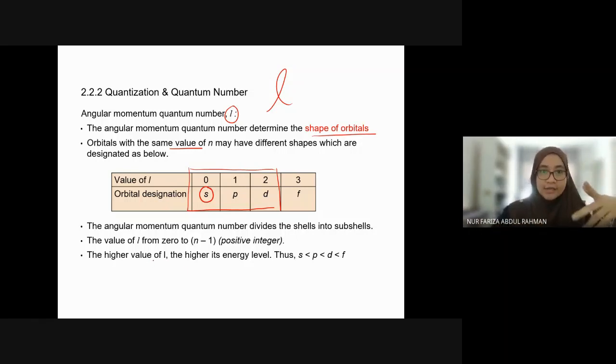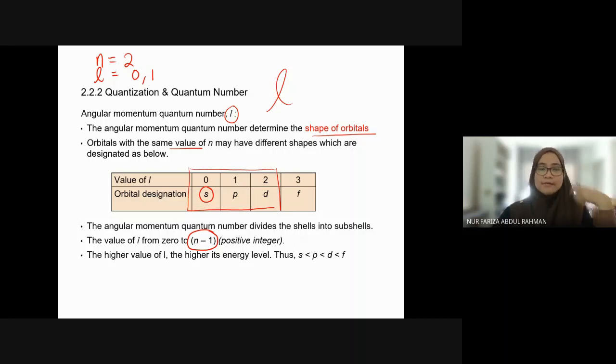There is a rule that we should know. The value of l can be determined from 0 to n minus 1, and it should be positive integers. So as you can see, it depends on the number of n. Take for example, if we have n equal to 2, then l should be 0, 1.